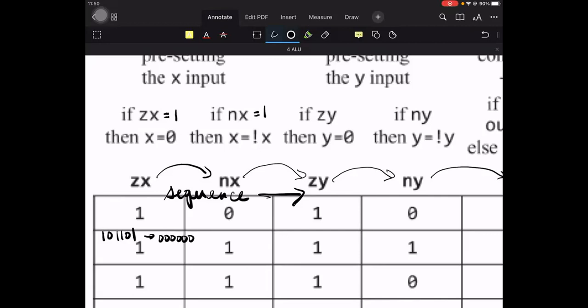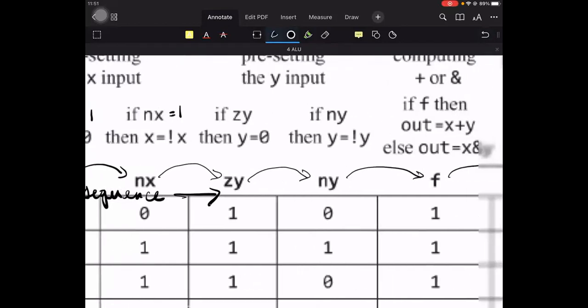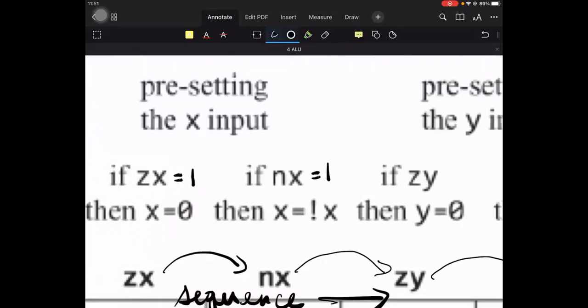If NX is true, notice it inverts, so it converts the all zeros into all ones. That's what would happen. But if NX is 0, ignore it, as is. So that is the presetting of the X input. Okay.